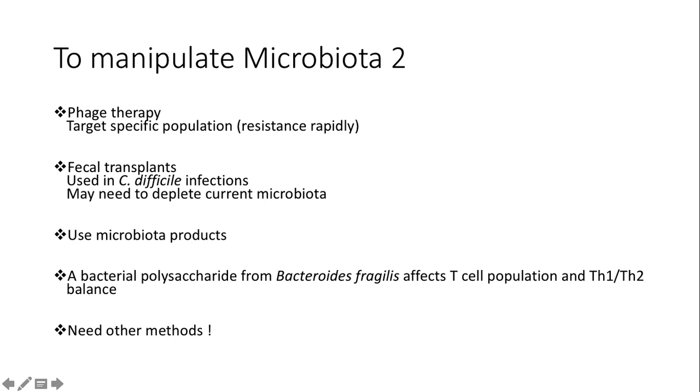And one of the documented ways to manipulate microbiota has been fecal microbiota transplantation. The one I mentioned before as being used for treatment and cure of Clostridium difficile diarrhea, or what is known as pseudomembranous colitis.